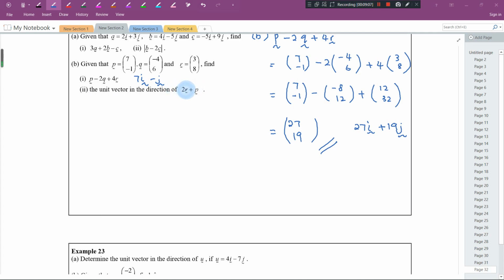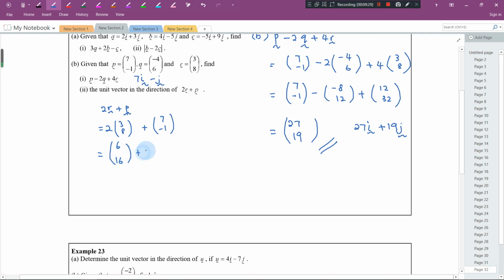How about I find this vector first, 2R plus P. 2R plus P, this one, 7, negative 1. 2 times 3 is 6, 2 times 8 is 16. 6 plus 7 is 13. 16 plus negative 1, you get 15. This is 2R plus P.